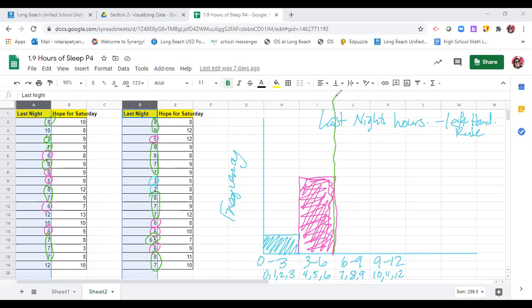Wait, hold on. I can make the space. That's fine. We're just going to count it as 21. Bring that all the way down. Here we go.